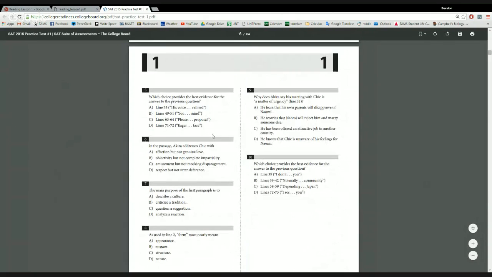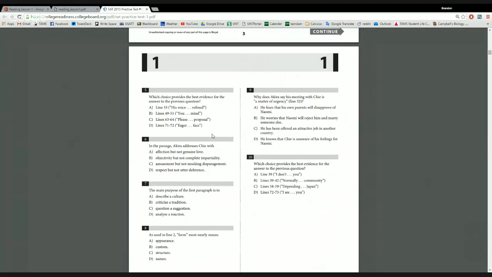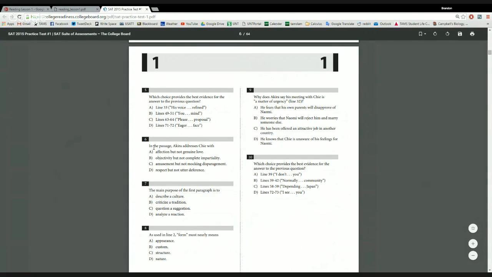So we'll go back to the answer choices. We generally have the tone, or the feelings, of how he acted toward her. So A, in the passage, Akira addressed Chi with affection, but not genuine love. He does show his affection, but we can't exactly say he didn't have genuine love because we couldn't tell through the text. B, objectivity, but not complete impartiality.